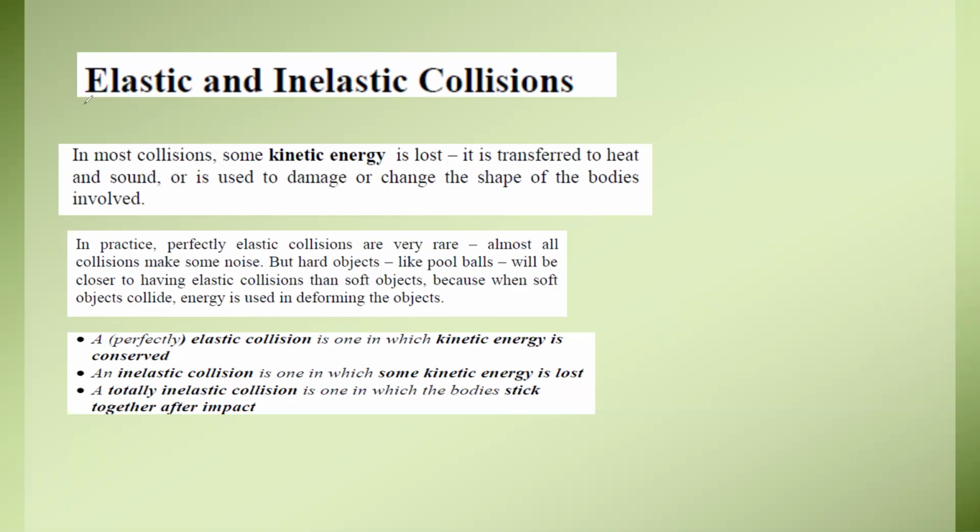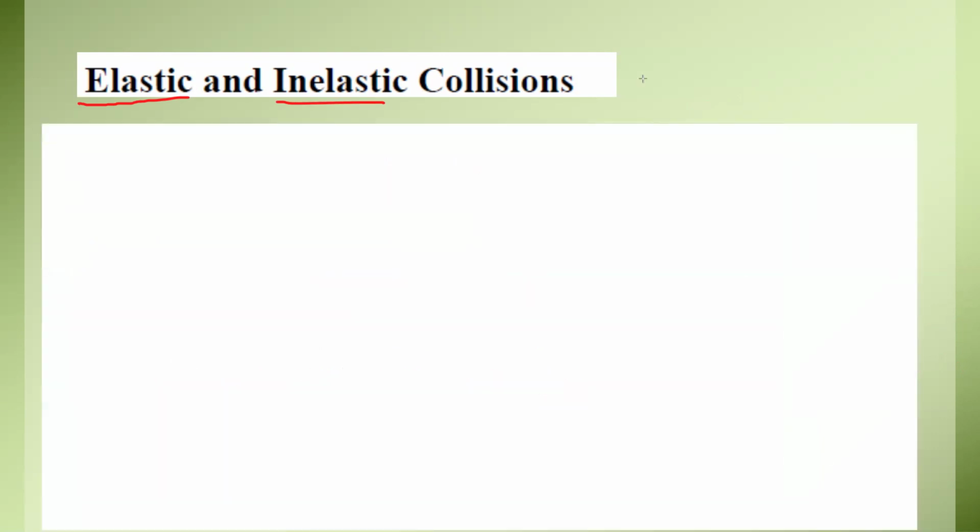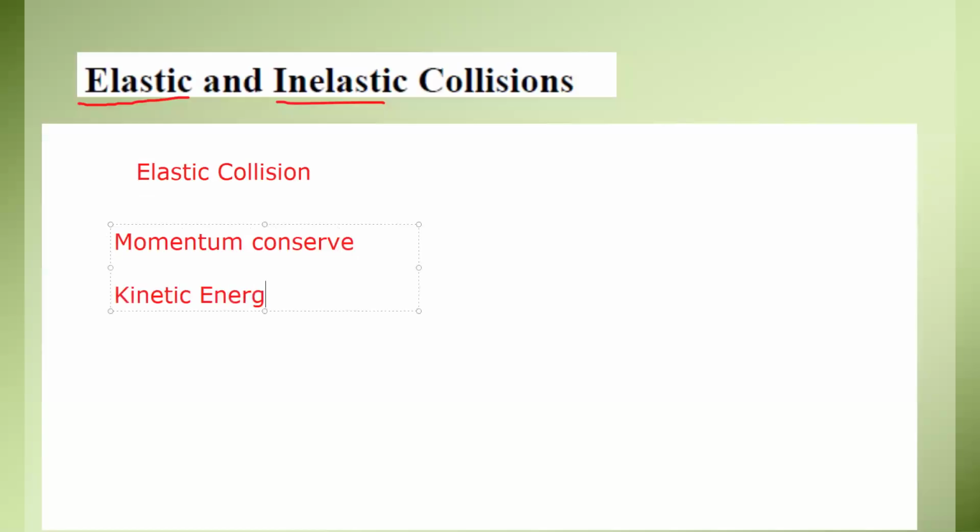When objects collide, they may have an elastic or inelastic collision. What is the difference between an elastic and an inelastic collision? Whenever there's an elastic collision, the momentum will be conserved, and the kinetic energy will also be conserved.